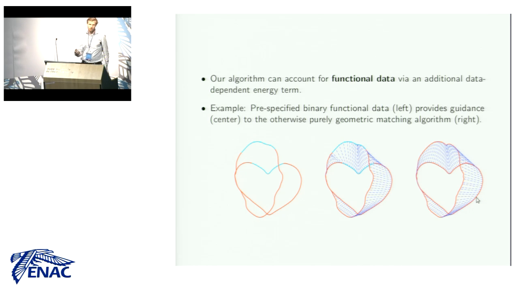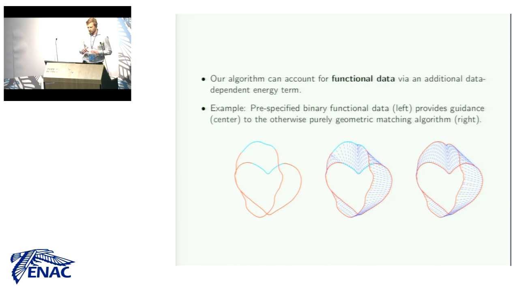A further advantage, again inherited from varifold distances, is that one can deal with pretty general data attachment terms. For example, one can try to match not just shapes, but shapes with additional information that could be texture, color, or some a priori expert knowledge that you would like to incorporate when you do your matching. The example that I'm showing here could be interpreted a little bit in this way.